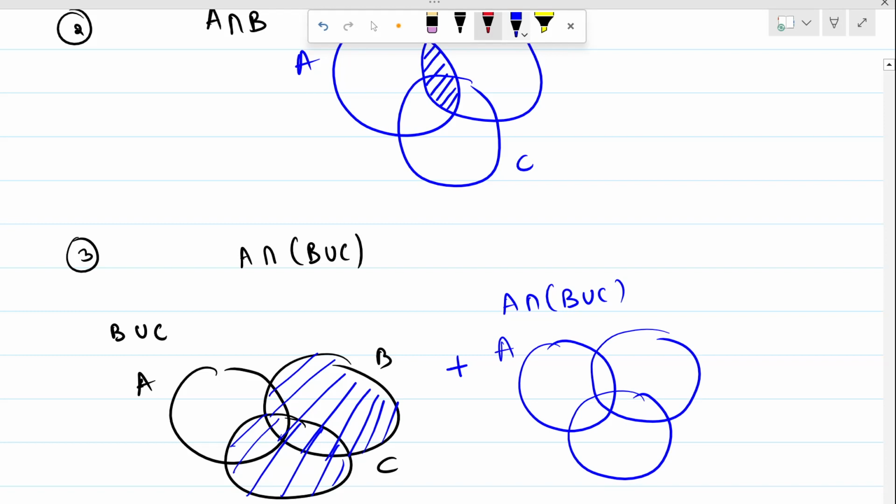So we have A intersection B union C, and it will look like this. So this is the final set.